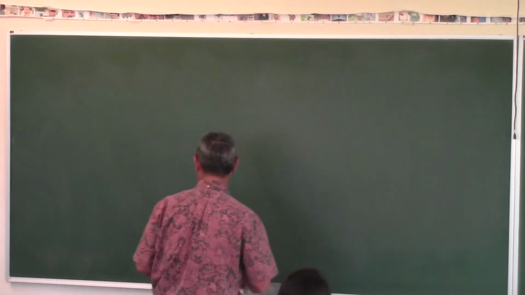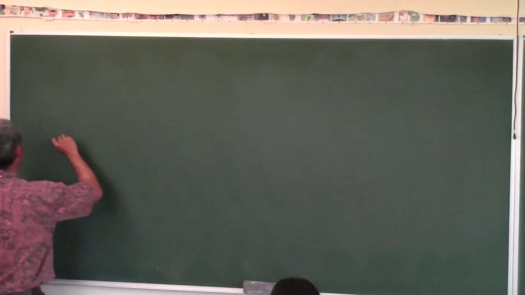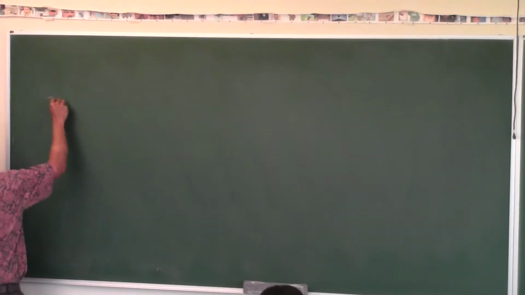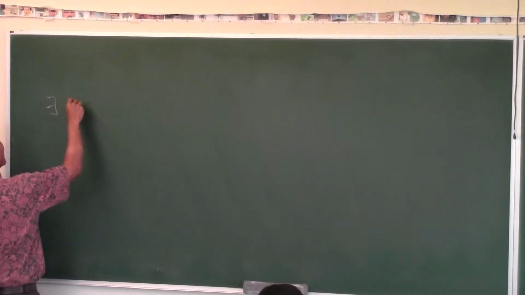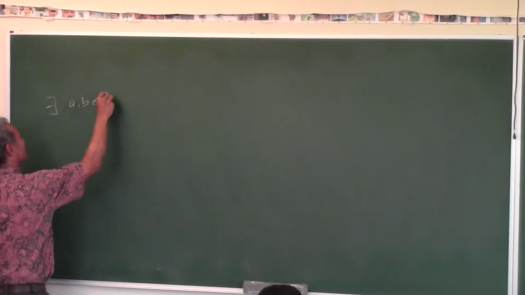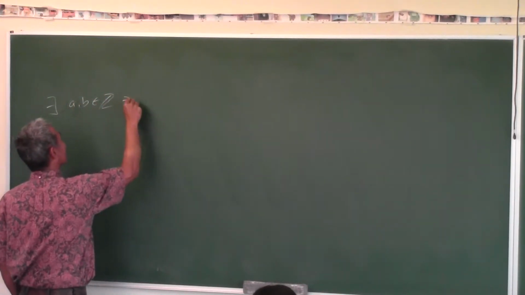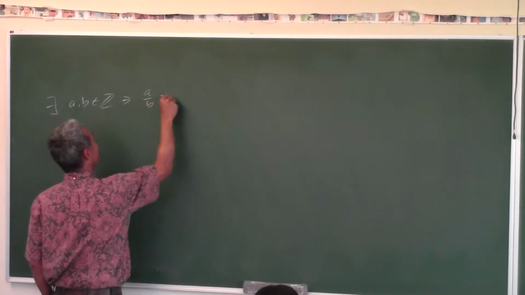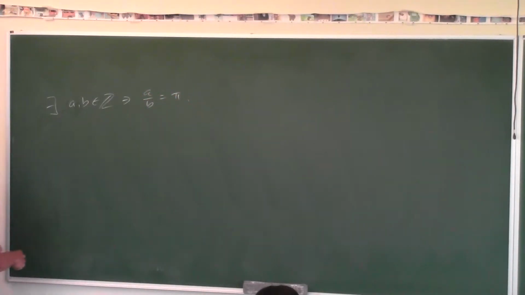Oh, no problem then. Okay, so let me give you an existential statement. There exists a and b elements of the... how's that? a over b equals pi. Okay, there you go. Now what does that mean? What are you thinking when you see this?